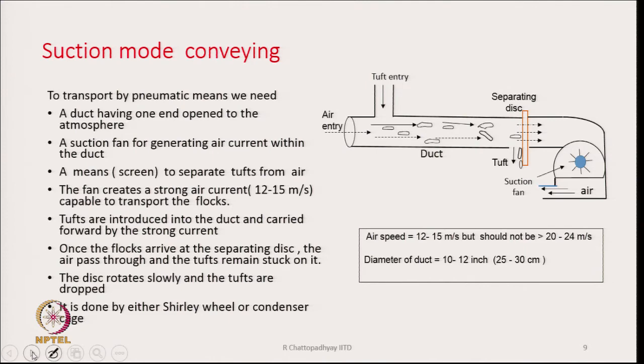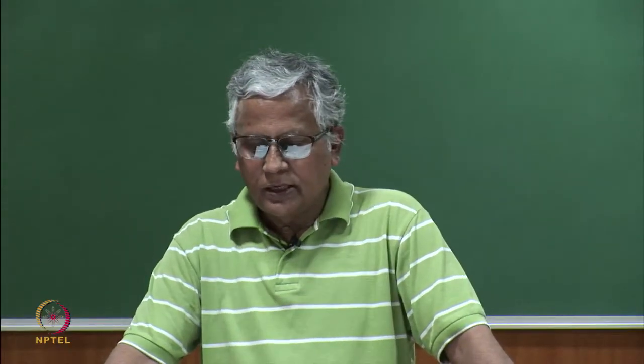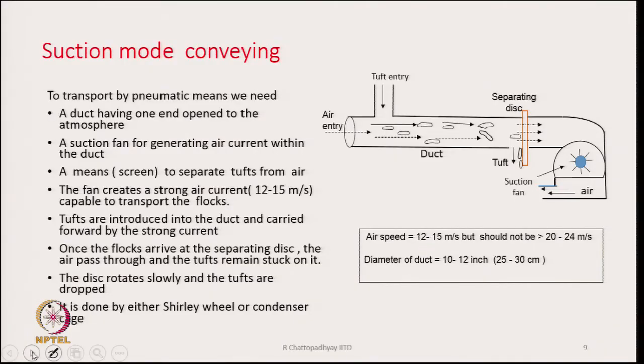Now, we will discuss suction mode of conveying. In the suction mode of conveying, what we need? We need a duct whose one end will be open to the atmosphere, so that the air can enter, and the other end must be connected to a suction fan, like it is shown in this diagram.